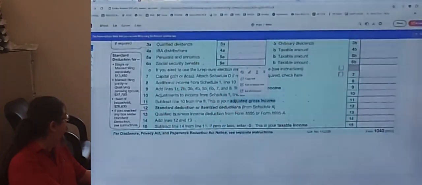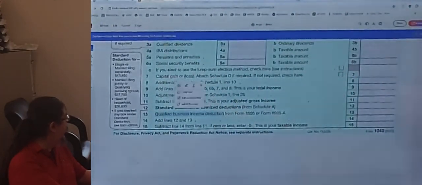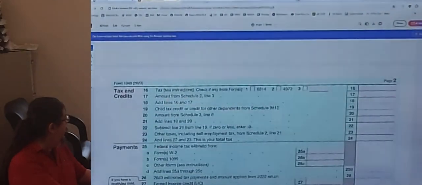And then we won't talk about qualified business income deduction today. But then after you've subtracted those, you get your taxable income. And then we figure your tax based on your taxable income.